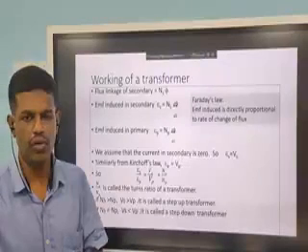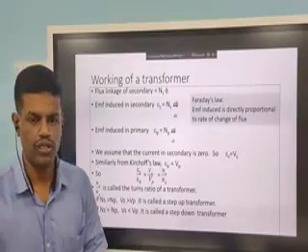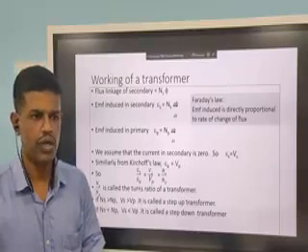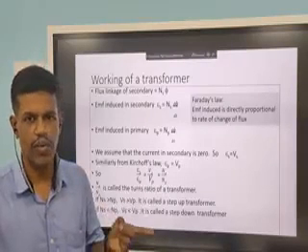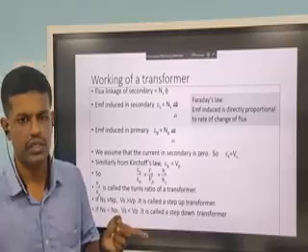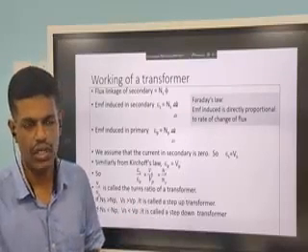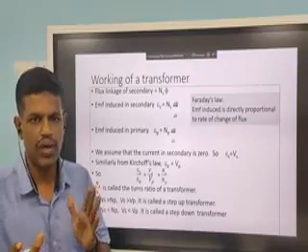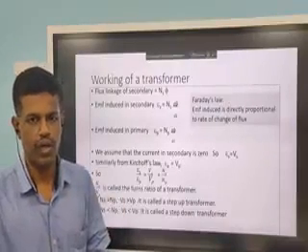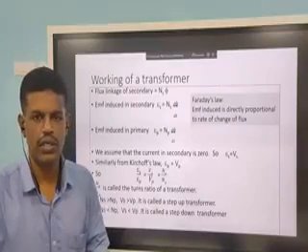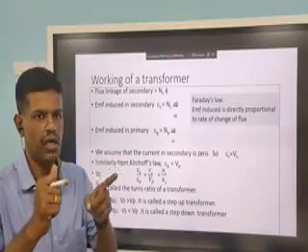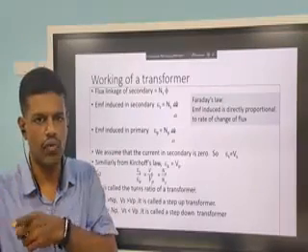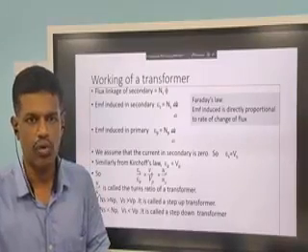It is stepped down to domestic voltage supply. For example, at the power station we may be producing energy at 11 kV or 33 kV. This is done by a step-up transformer. Now at the domestic end, we reduce this 33 kV or 11 kV to 230 volt using a step-down transformer.